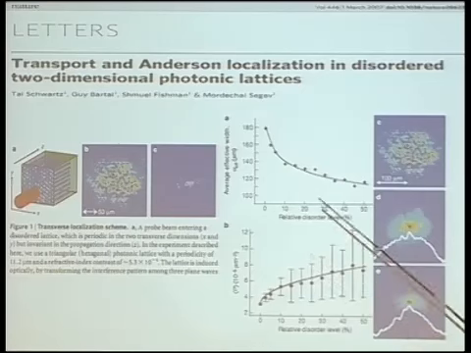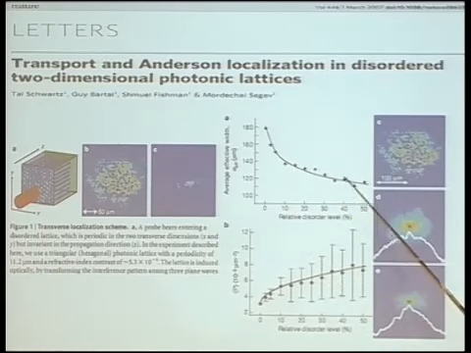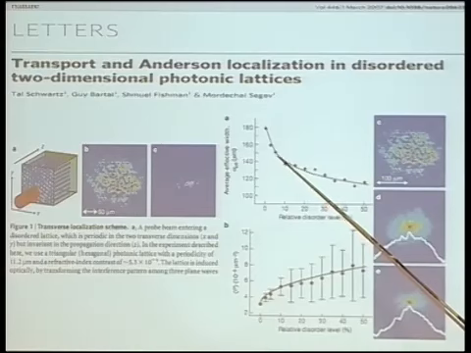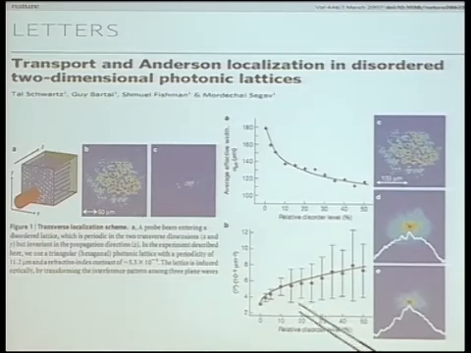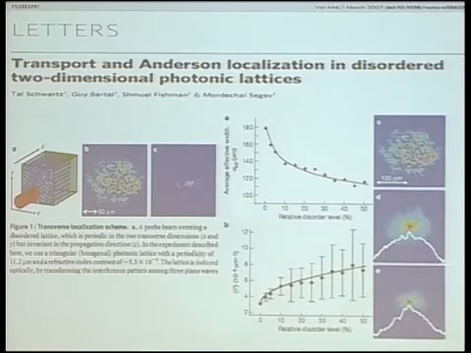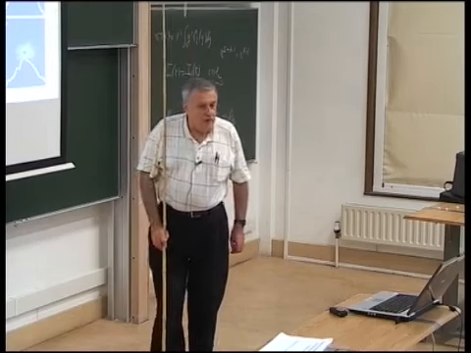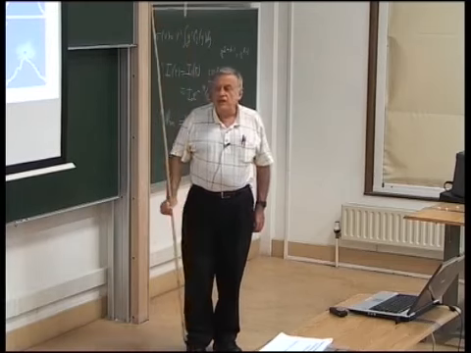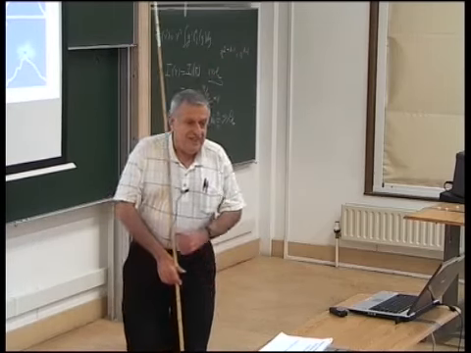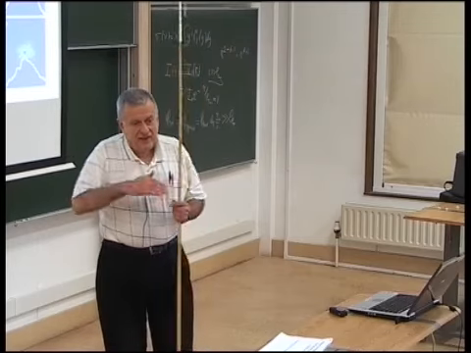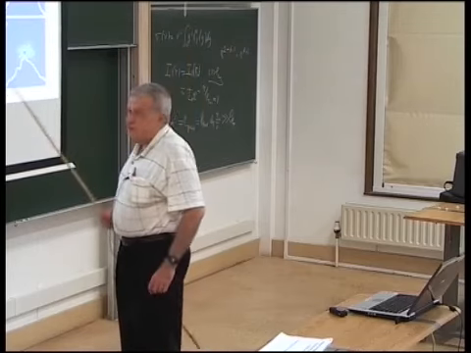What is given here is the effective width, calculated from the inverse participation ratio. And the error bars are not errors in the experiment. They result from the fact that the dimensionless conductance here is approximately 1.3, and then you don't expect these errors to be small.